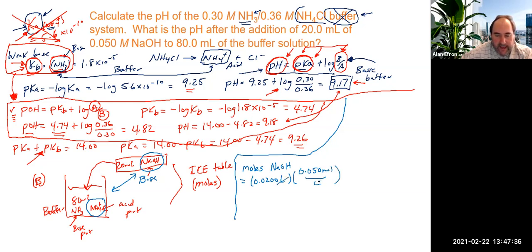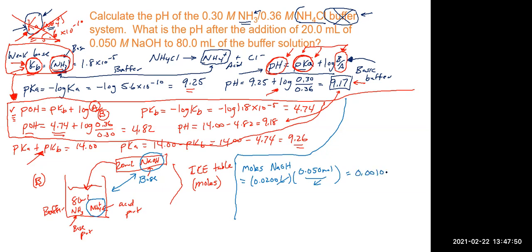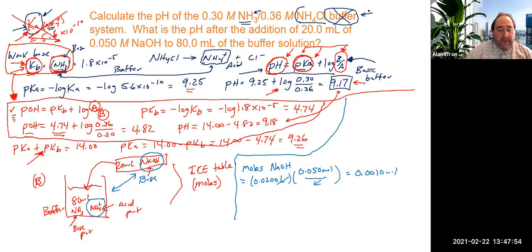Those liters are going to cancel. That gives us, in terms of sodium hydroxide, 0.001 moles that we're adding. We also want to do that for everybody else that's there.